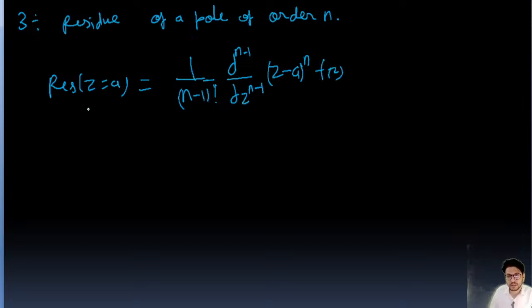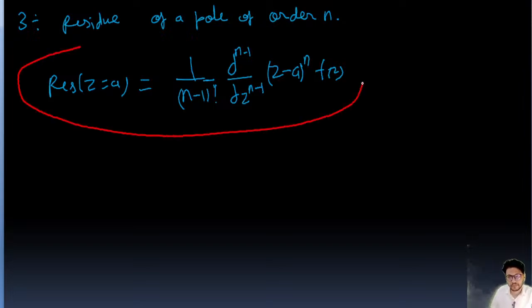Okay, so this is the formula, a very important one, guys. You need to note down this one. n is the order of the pole.